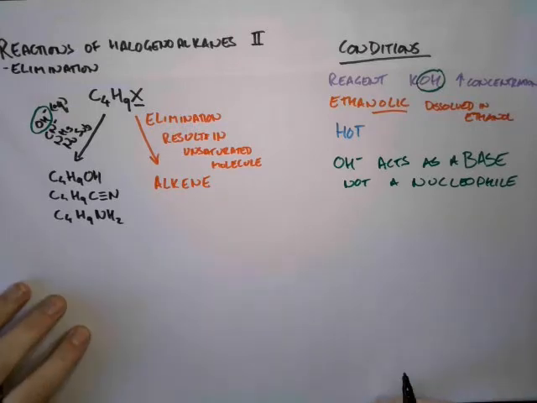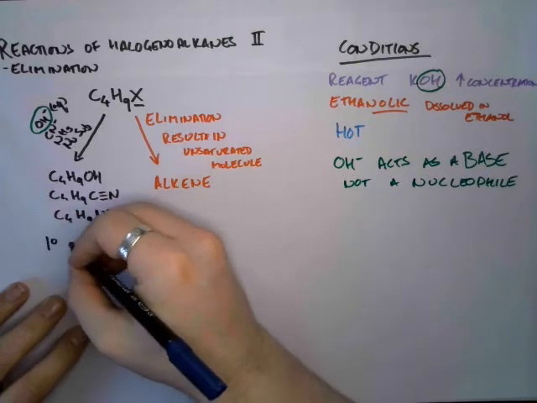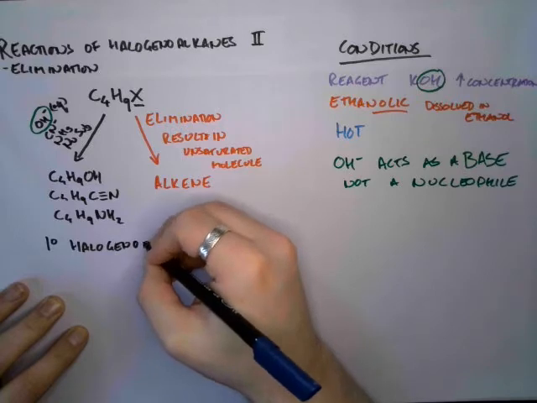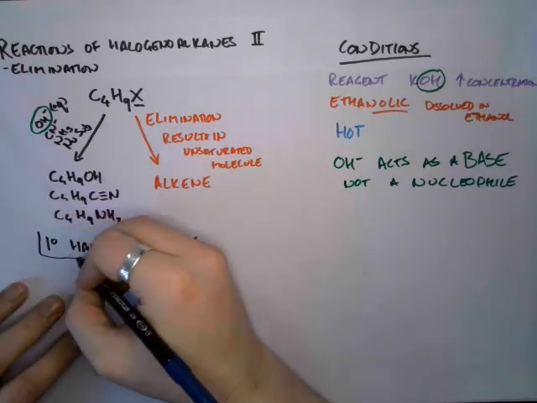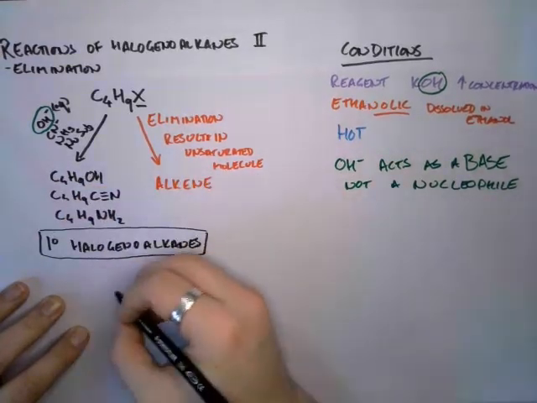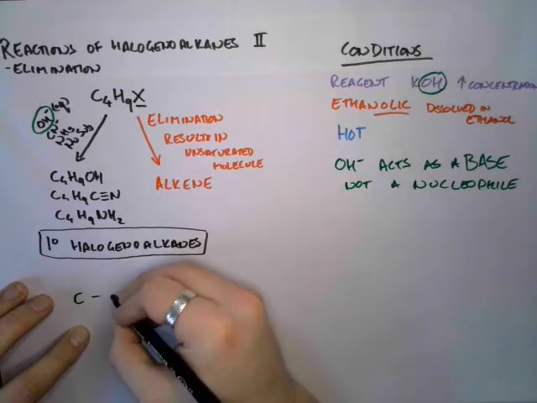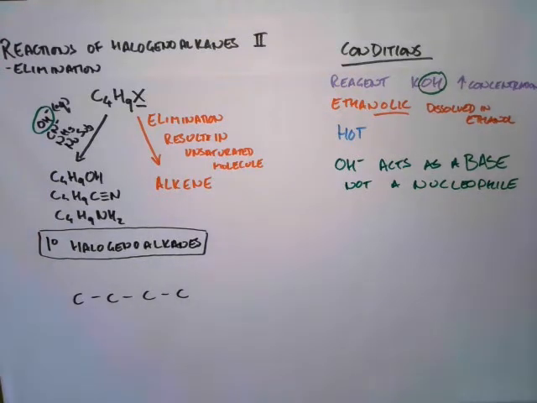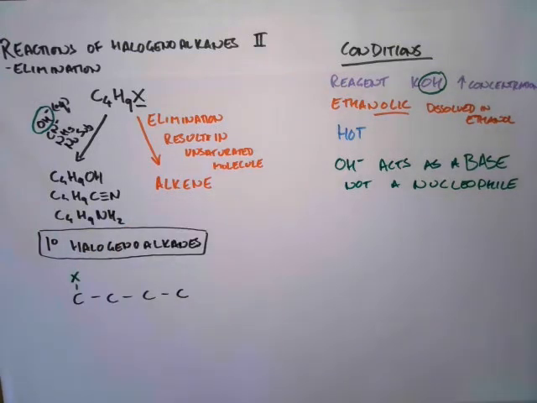So I'm going to start off with primary halogenoalkanes. This is going to be our starting point. Let's put the chain down here, C, C, C, C. I'm going to put my halogen on, just using X to represent it.